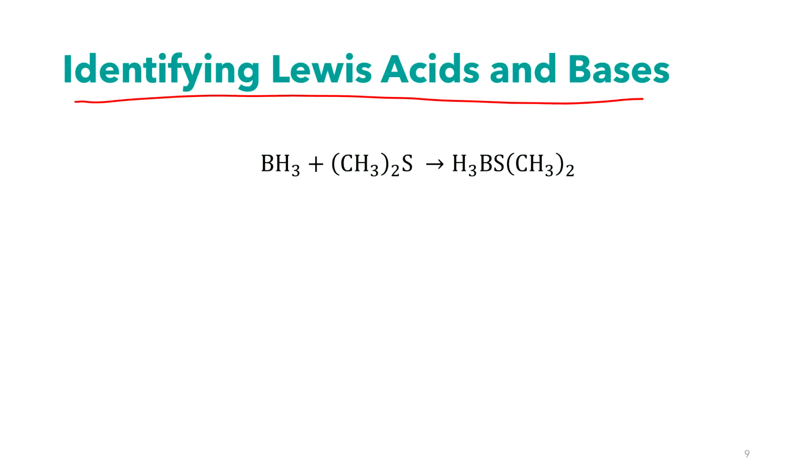Okay, so you look at this, and now I hope that you could come to a conclusion about who's acting what. Somebody should be giving electrons and somebody is going to be accepting them.